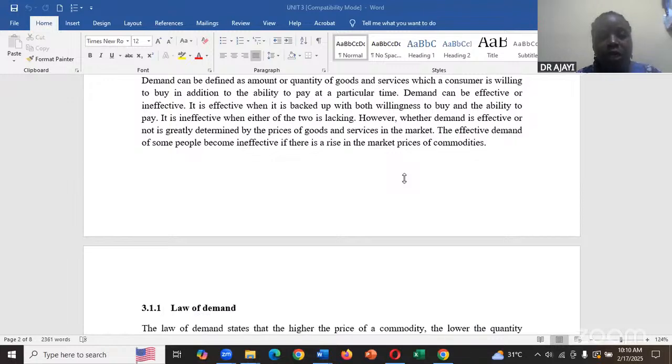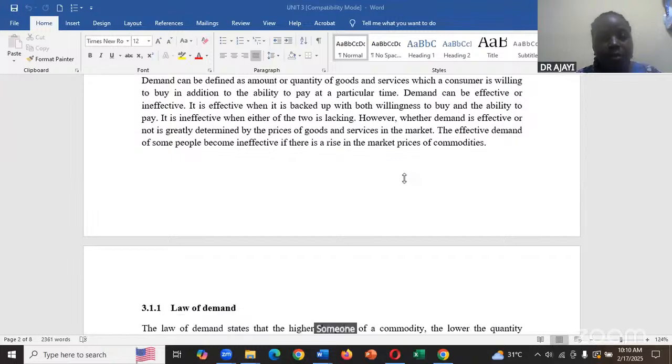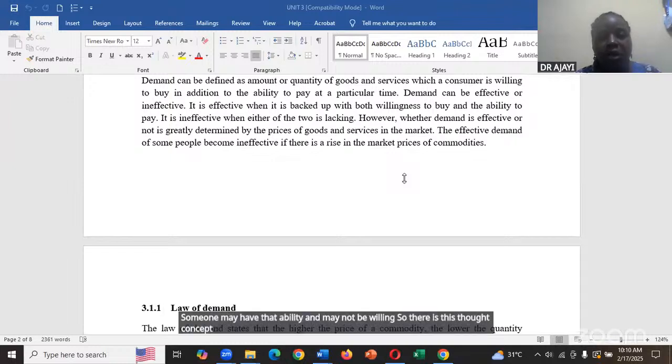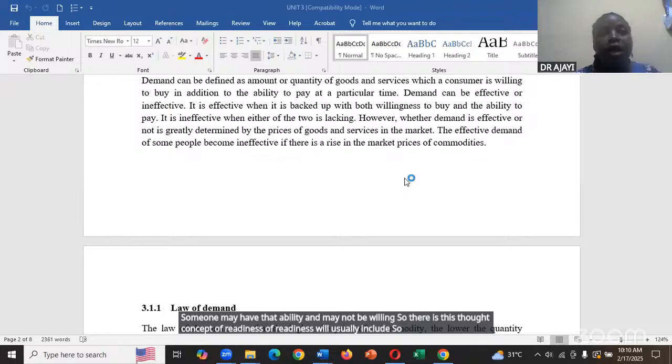Someone may be willing and may not be ready. Someone may have the ability and may not be willing. So there is this third concept of readiness that we usually include. When we have willingness, ability, and readiness, then we talk about effective demand.